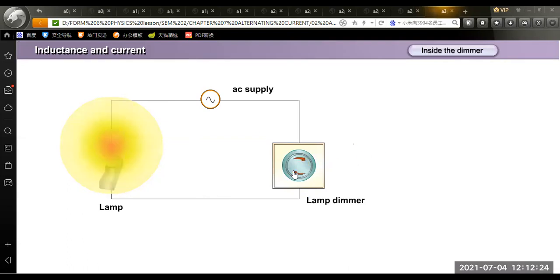Once I turn the switch, we notice that the brightness of the bulb reduces until it almost goes off. But when I turn again, we notice that the intensity increases.